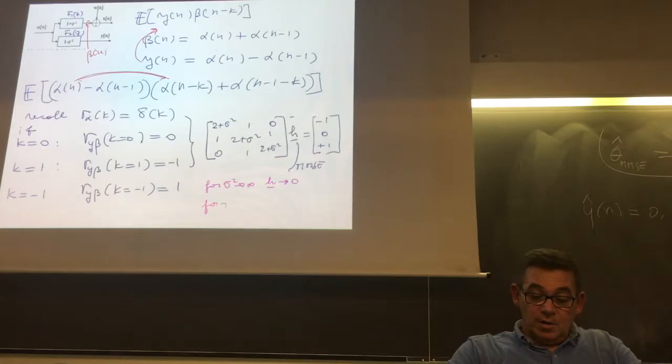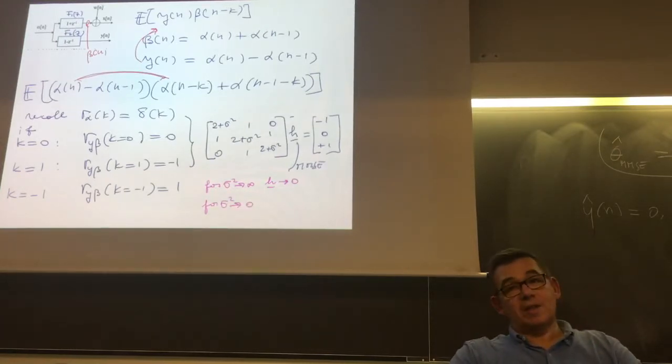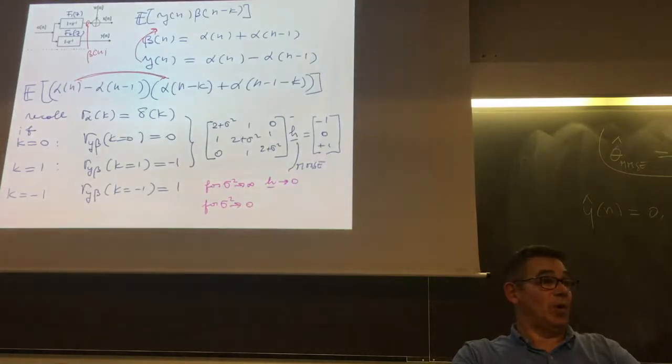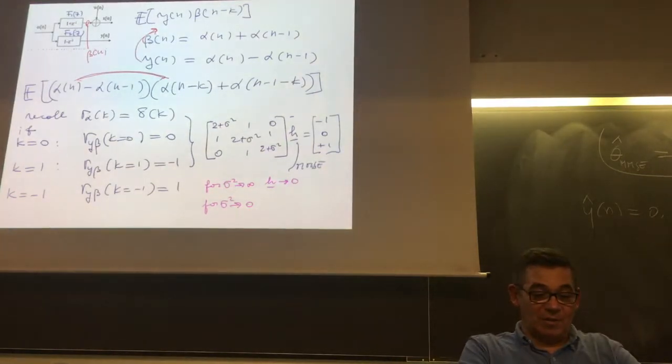For sigma square going to 0, which means that I have no noise. Now, this is beautiful, because I need to have a pole. You remember the system? The system is the following. If I have no noise at all, then my goal is to estimate this guy using that.